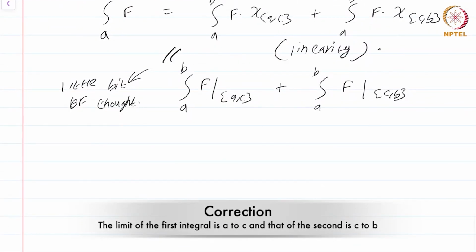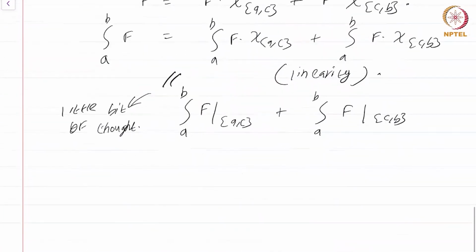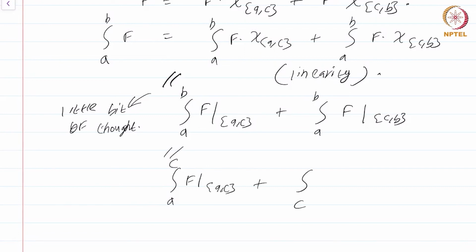Now the original proposition says it's the integral from a to c of f plus the integral from c to b of f. That is rather easy to see. The integral from a to b of f restricted to [a,c] is actually the same as the integral from a to c of f restricted to [a,c], plus the integral from c to b of f restricted to [c,b]. Why? Please check why this is true. Again, this also requires just a little bit of thought.